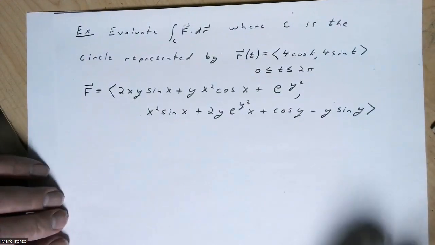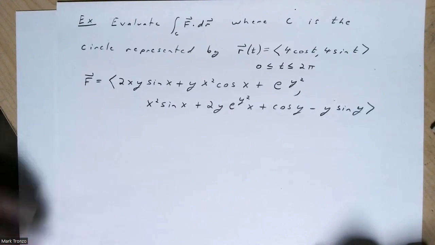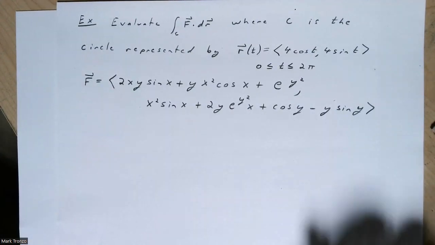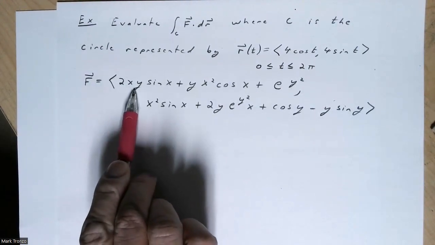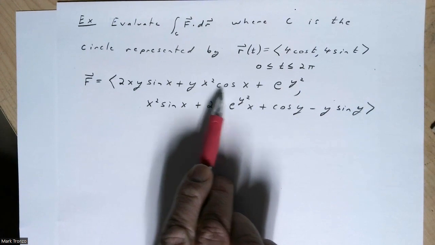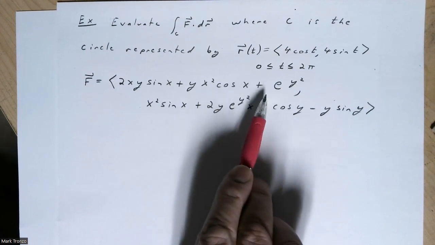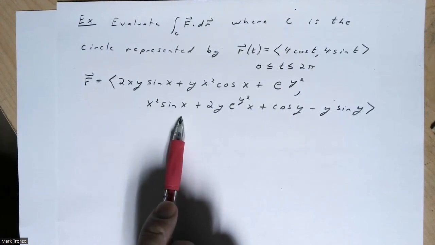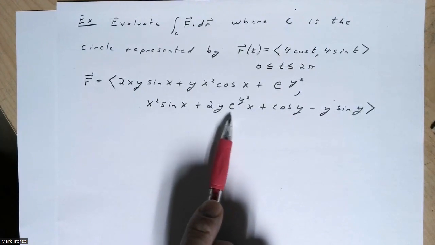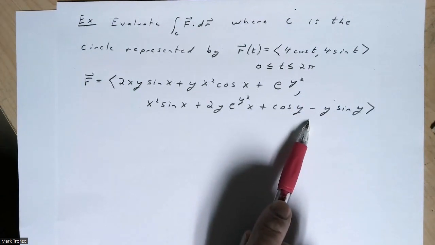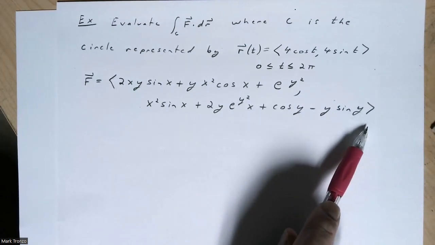And again, we're wanting to use the fundamental theorem of line integrals to do this. So again, we have 2xy sine x, y x squared cos x, plus e^(y squared), x squared sine x, plus 2y e^(y squared) x, cos t minus y sine y.